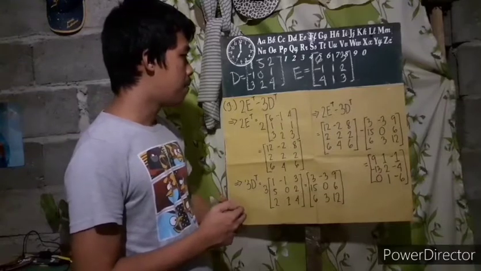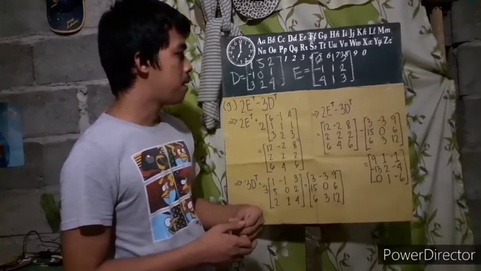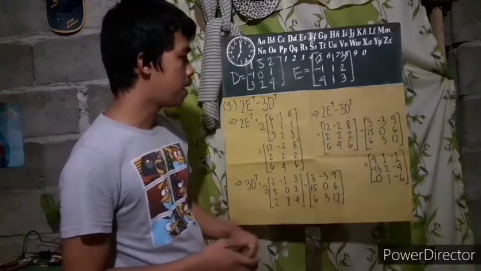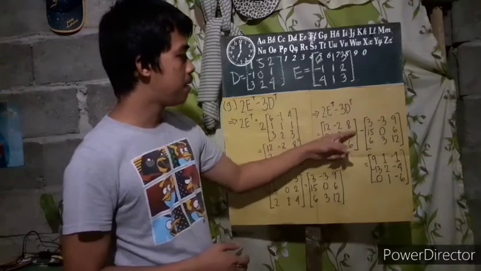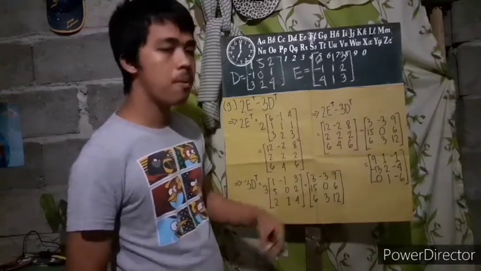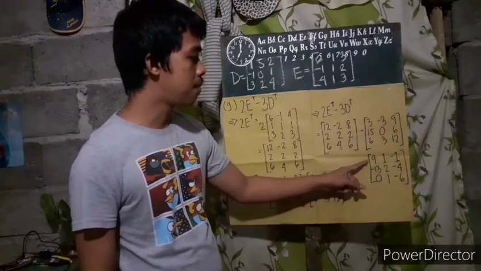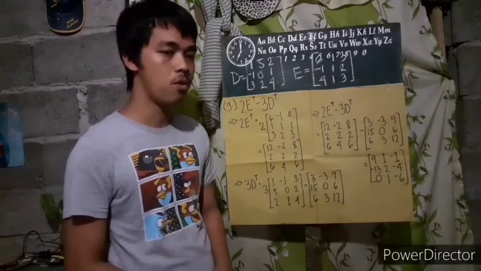Then subtract it by the 3 multiplied by transpose D. So here is the result. After subtracting the matrix here, we can come up with the result of this matrix, which is the elements 9, 1, -1, -13, 2, -4, 0, 1, 6.